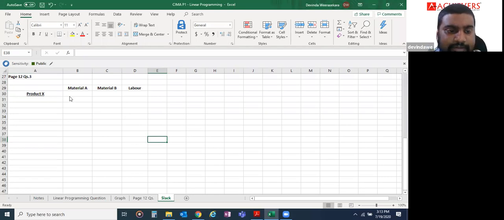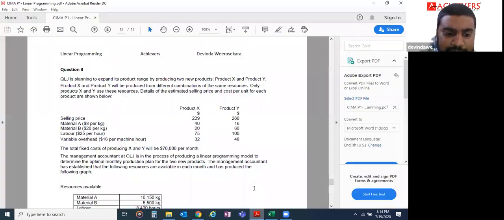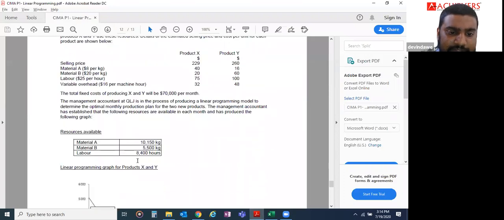Then so for product X, let's take amount per unit. Amount per unit. So to produce 1 unit of product X, how many kilos of material A do we need, guys?